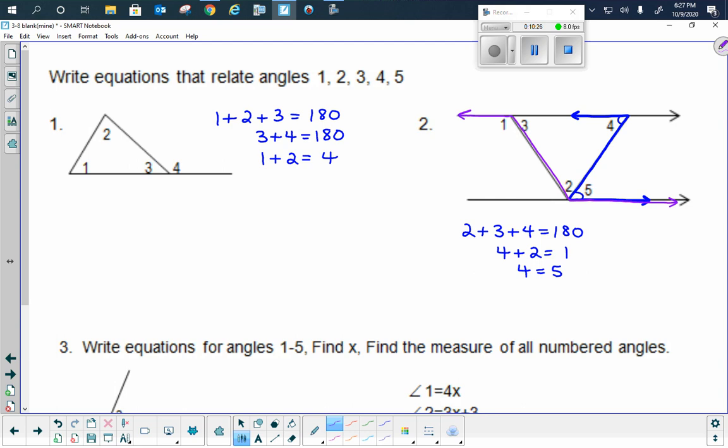And that is supposed to mean to you that this angle from purple to purple equals this angle from purple to purple. Okay, so write an equation for that. What you're really telling me is that you just figured out that angle 1 equals angle 2 plus 5. Okay, angle 1 equals 2 plus 5.